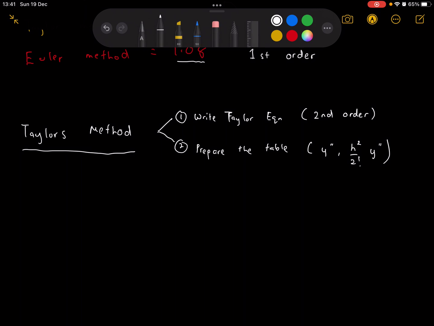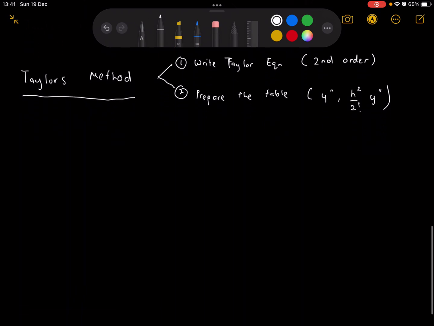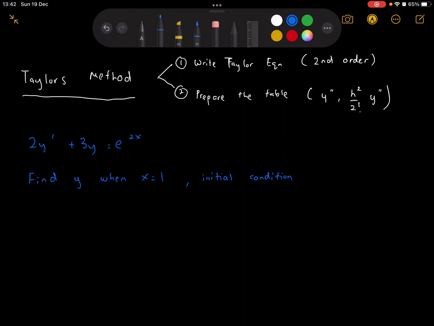Alright, so let's use the same example as in the Euler's method, whereby the ODE is given as 2y prime plus 3y equals e to the power of 2x. Find y when x equals 1, given the initial condition x equals 0 and y equals 1.